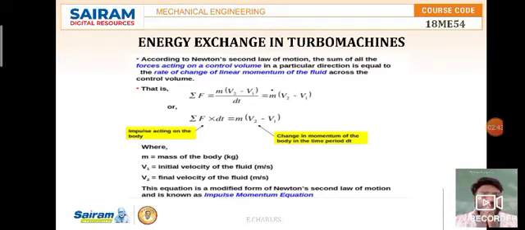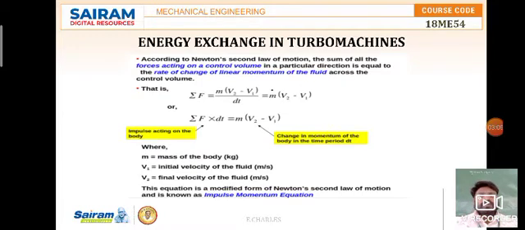When you put this into formula form, the summation of forces acting, summation of F, is equal to m into v2 minus v1 divided by dt. Here v1 is the initial velocity and v2 the outlet velocity, with the mass flow rate, and dt is the time taken to come and hit the turbine blades.